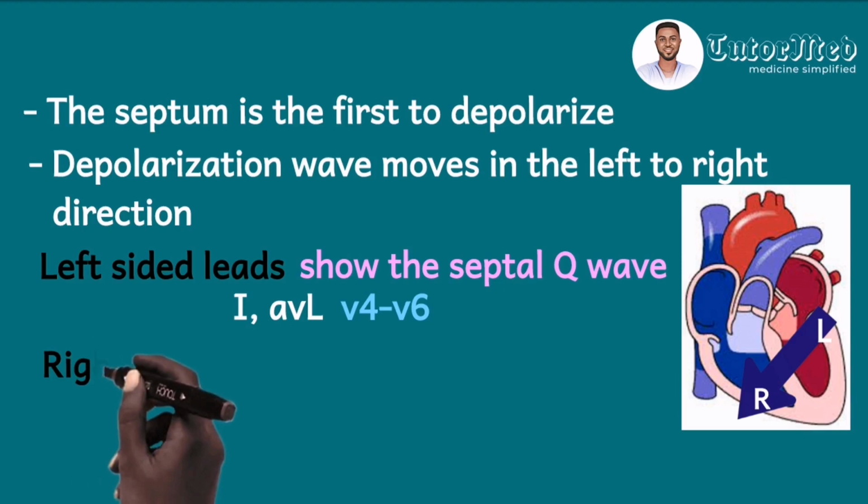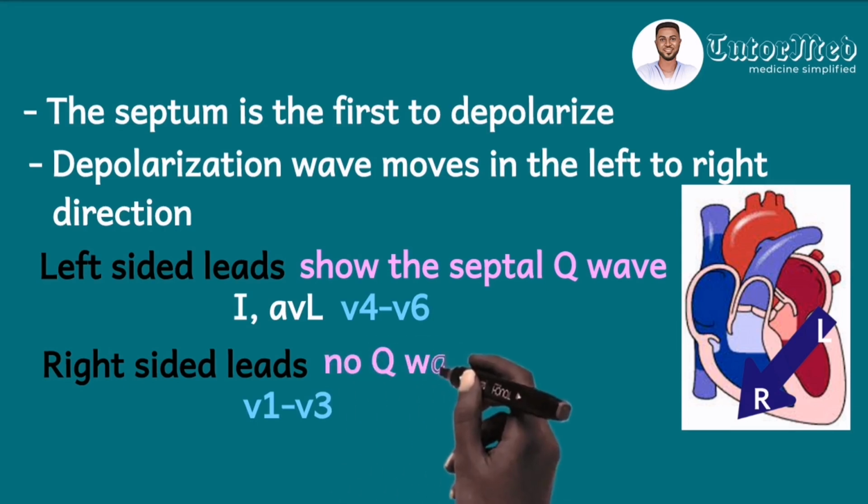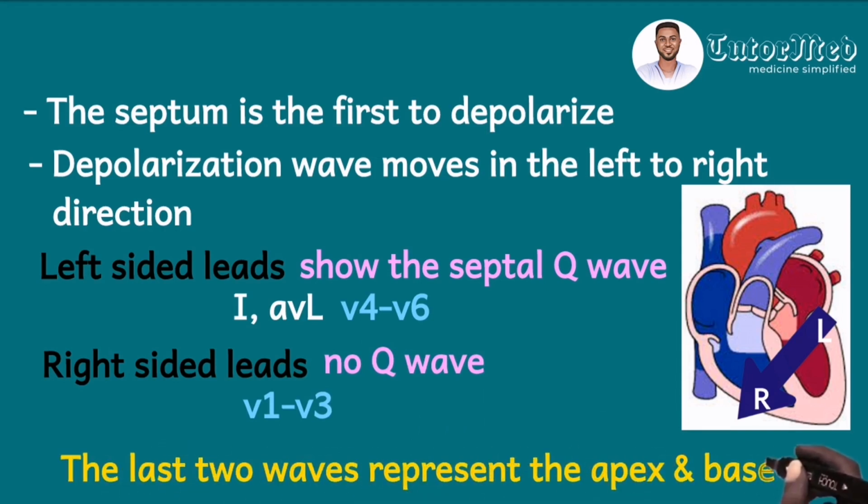But for right-sided leads like V1 to V3 and sometimes lead 3, there will be no Q waves. The last two waves in the complex, R and S, represent depolarization from the other parts of the ventricle, that is the apex and the base.